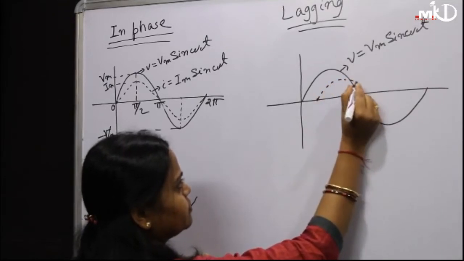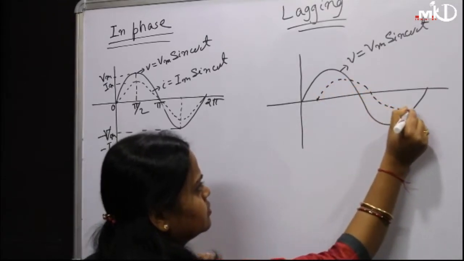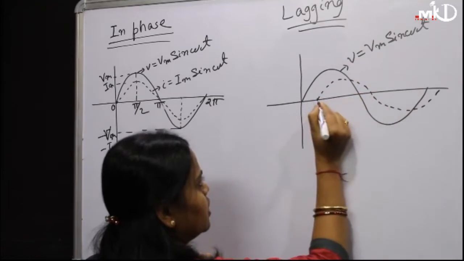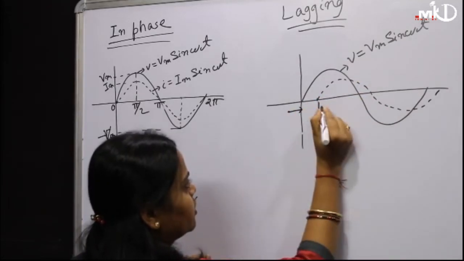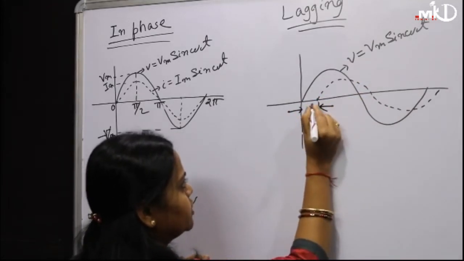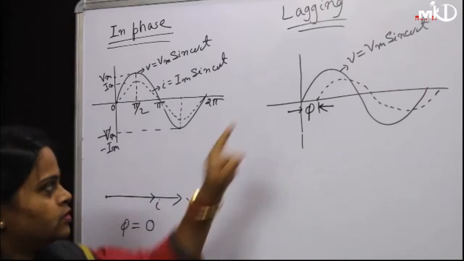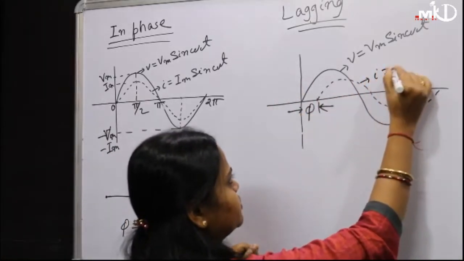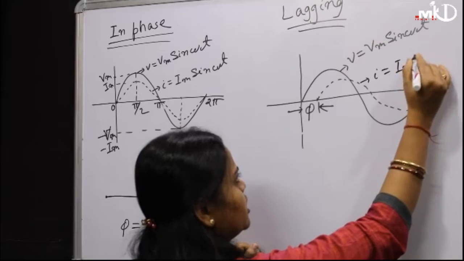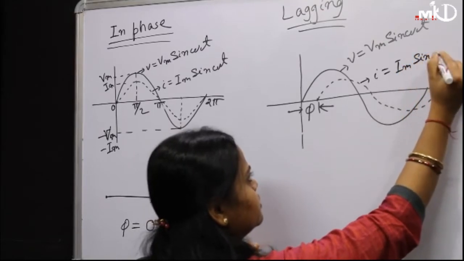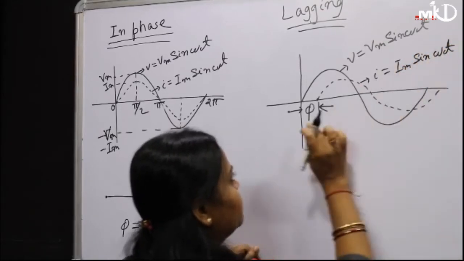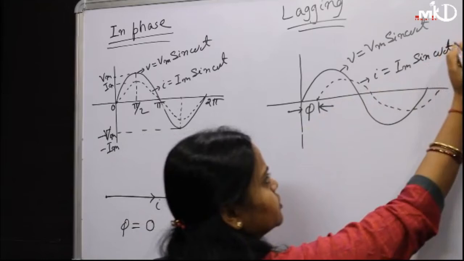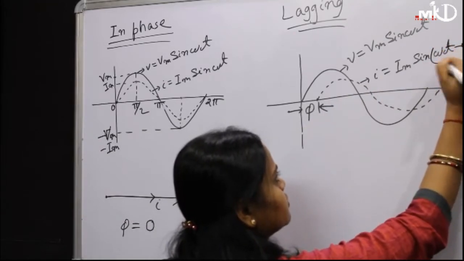This is I, and the phase difference between V and I is phi. So the value of I must be Im sin of omega t minus this much angle, so minus phi.